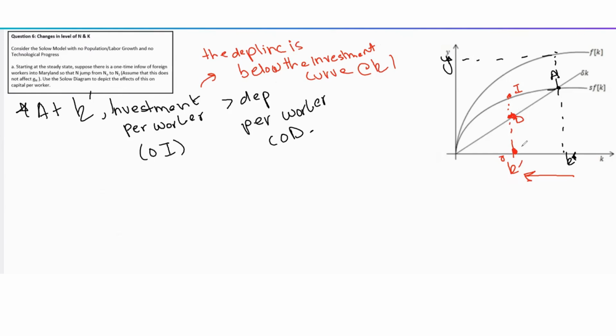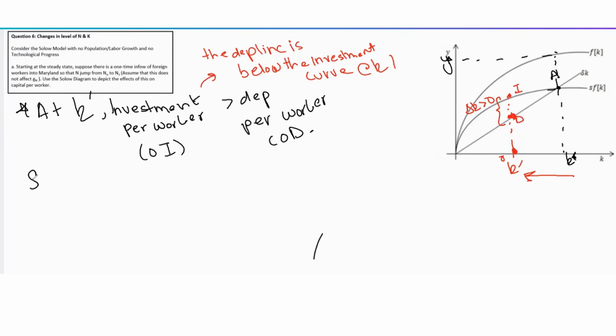So basically the investment exceeds depreciation. The change in capital per worker, delta k, is greater than zero, because the difference between investment per worker and depreciation per worker is the change in capital per worker.